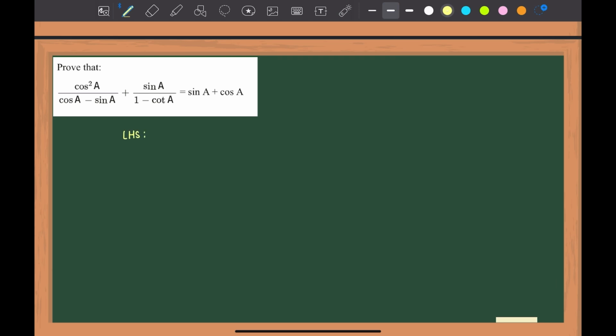In the left hand side we have got cos square A divided by cos A minus sine A, then plus sine A divided by 1 minus cot A. So this thing remains as it is, we don't need to change anything over here.